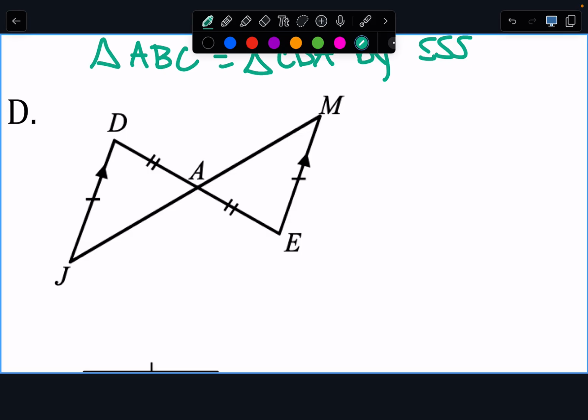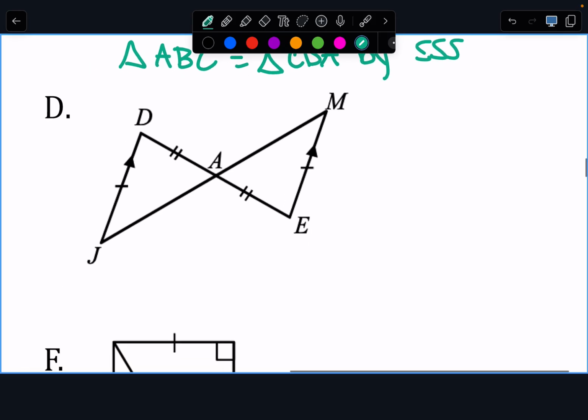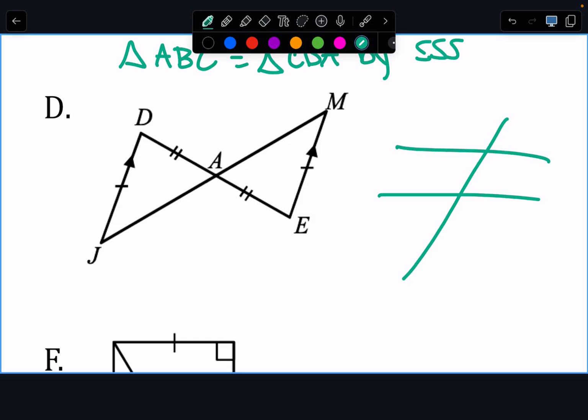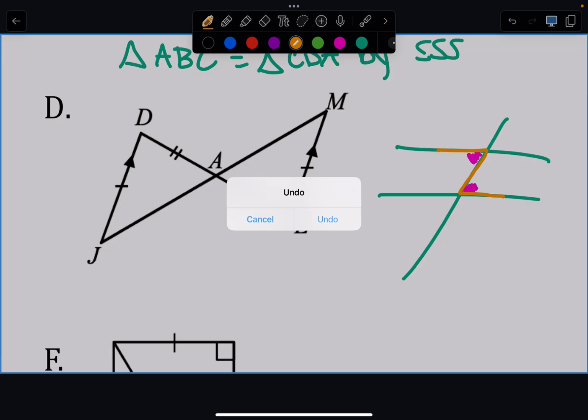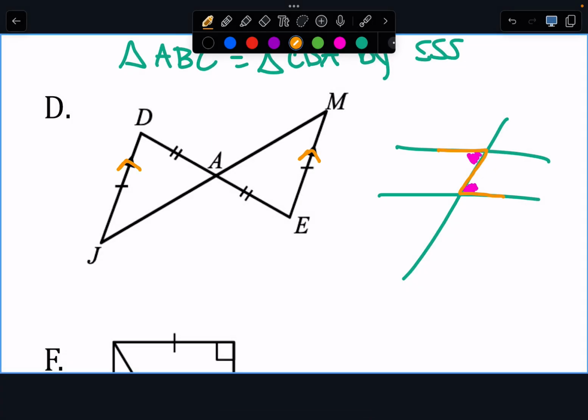I really like letter D. I want you to think about parallel lines and a transversal. When we have alternate interior angles, it kind of makes a Z. Do we have that Z happening? It happens twice.